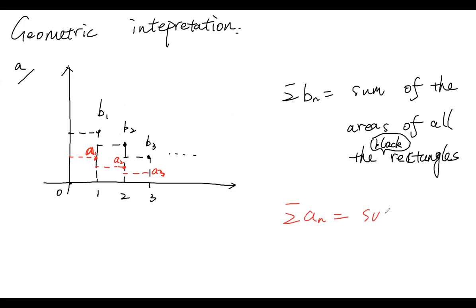The sum of the series An is equal to the sum of the areas of all the red rectangles.